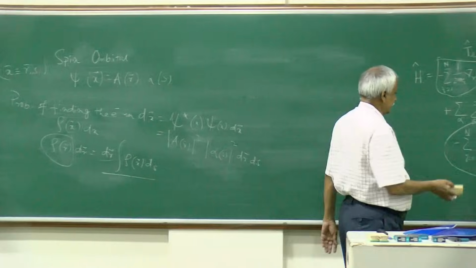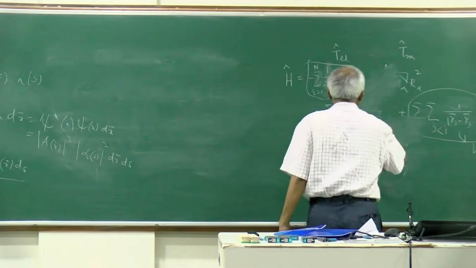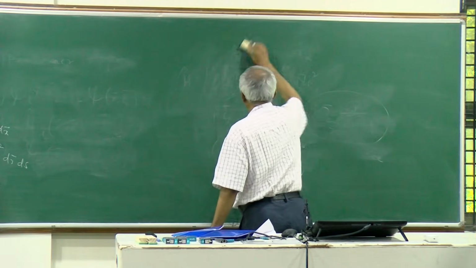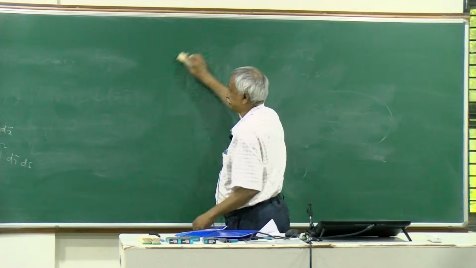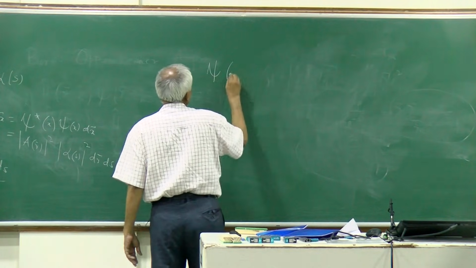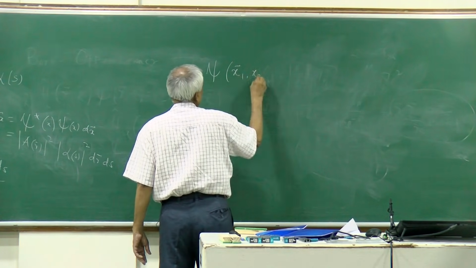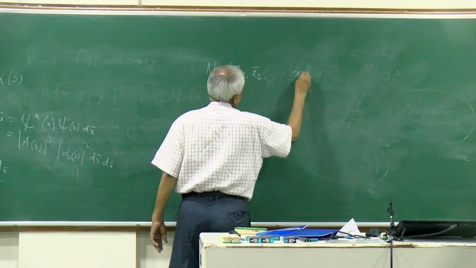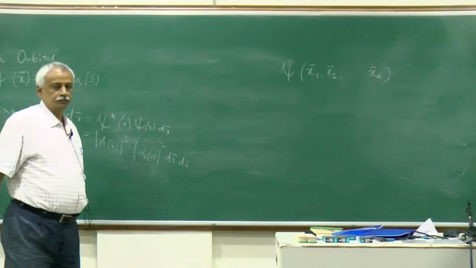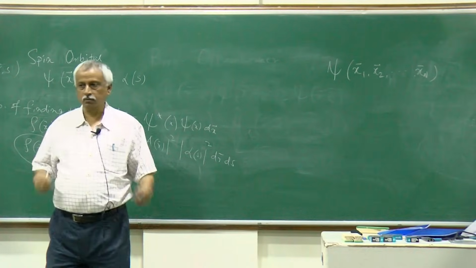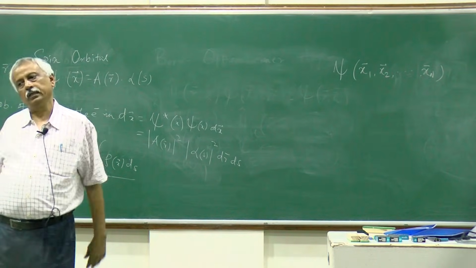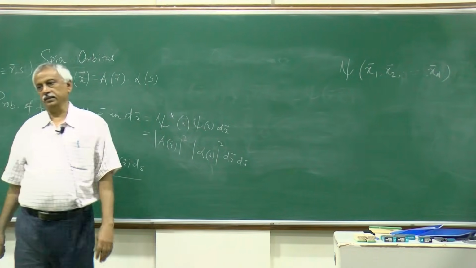So a general case, let's say. The wave function, let's say, is psi(x1, x2, up to xn). This is a general case wave function with spin. We know the spin of the first electron, second electron, and the corresponding positions of the electrons.